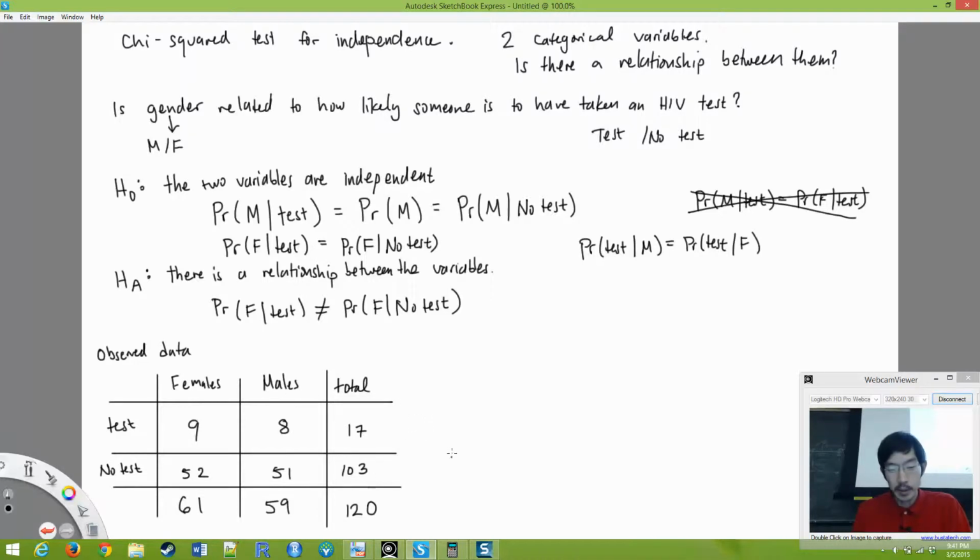So this is what we observed. Okay, and the question is, well, does this indicate that in the general population there is a link or no link? So if there was no relationship between gender and having taken the test, if the two variables are independent, what would we expect?